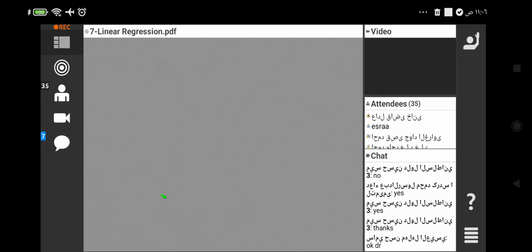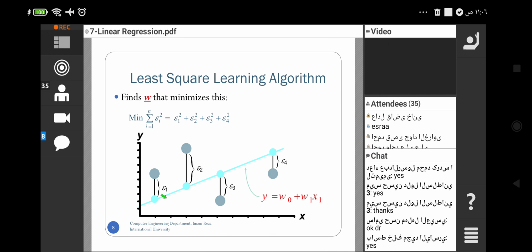So the error would be like this. We want to find a line with these two parameters, w0 and w1, so that this line minimizes this term: epsilon 1, epsilon 2 to the power of 2. These are the errors: epsilon 1, epsilon 2, epsilon 3, epsilon 4.